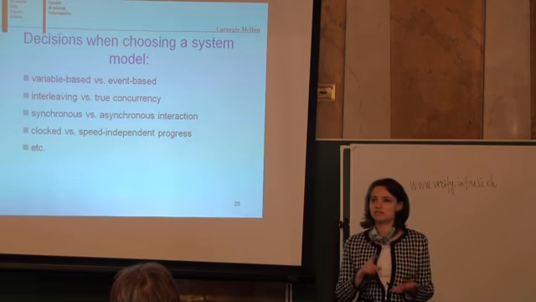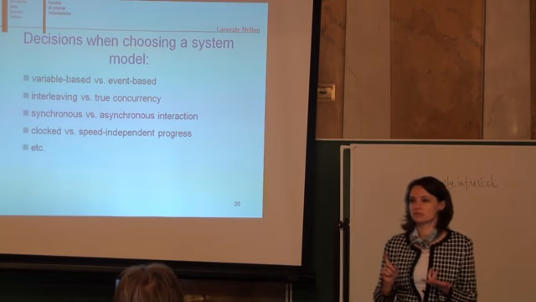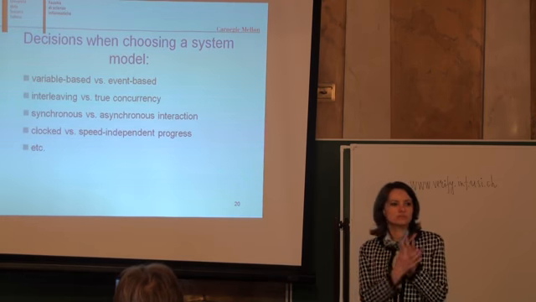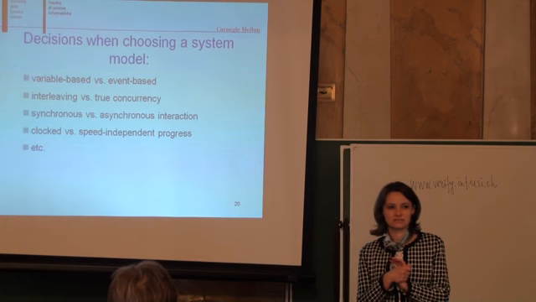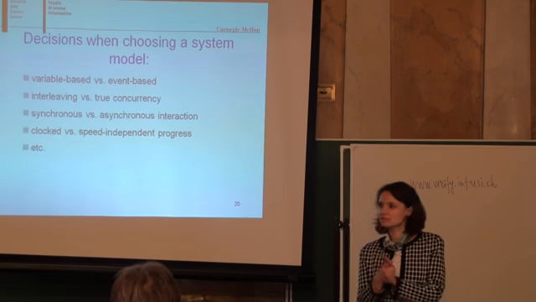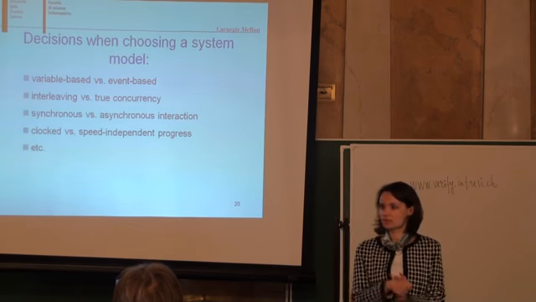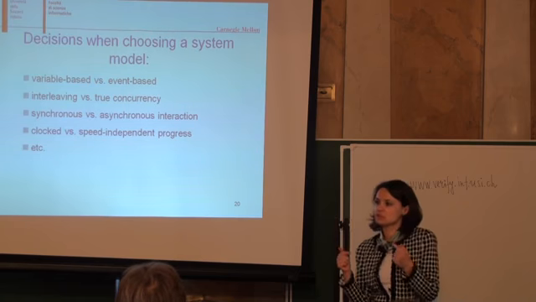So you could have DFA, NFA, deterministic finite automata, non-deterministic finite automata. So what about these DFAs and NFAs? Are they good for what type of systems? Event-based, yes, because your automata have labels on the transitions.